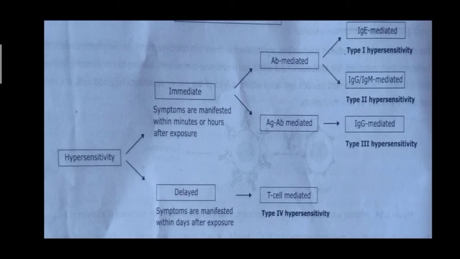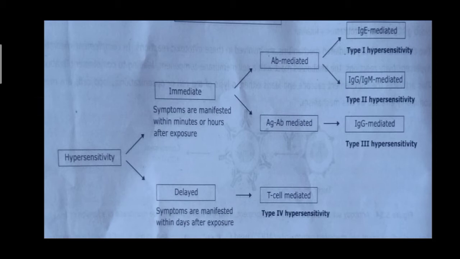IgG mediated immunoglobulin is associated with the antigen-antibody reaction mediated response. And for the delayed type, this is the T cell mediated response, whose symptoms are manifested within days after exposure. It is one type of chronic response.